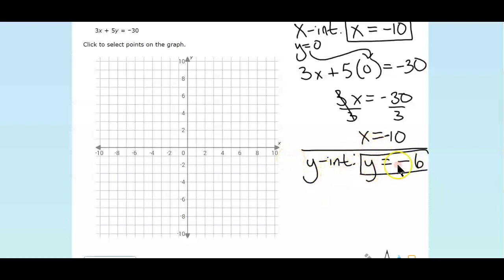Remember, a y-intercept lives on the y-axis, where x is always 0. So we're going to take that equation, set x equal to 0.